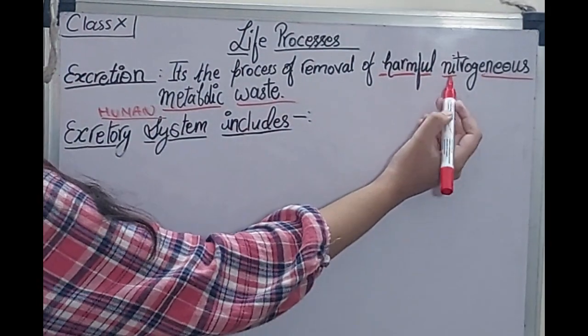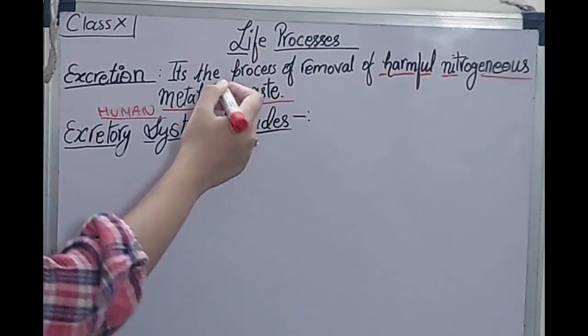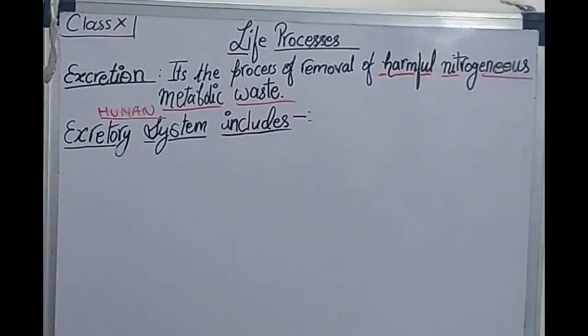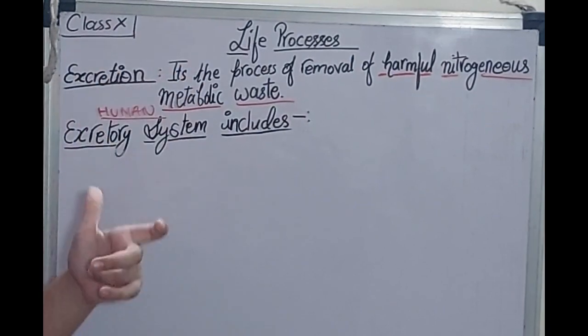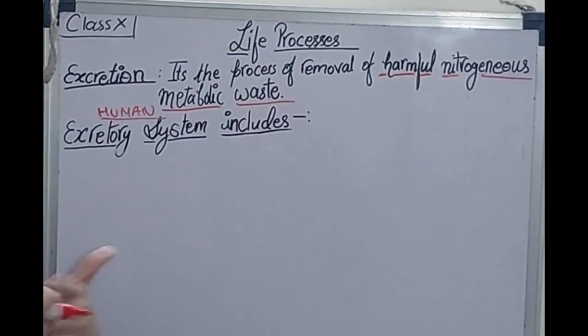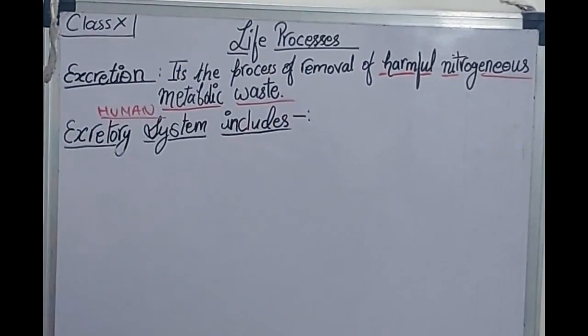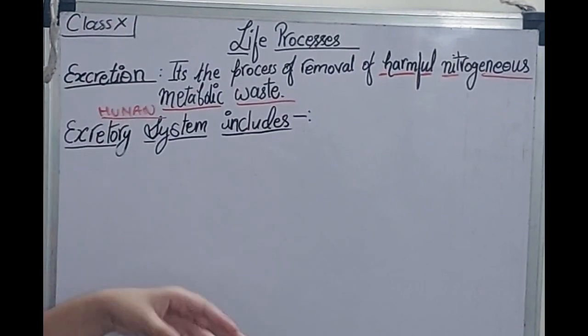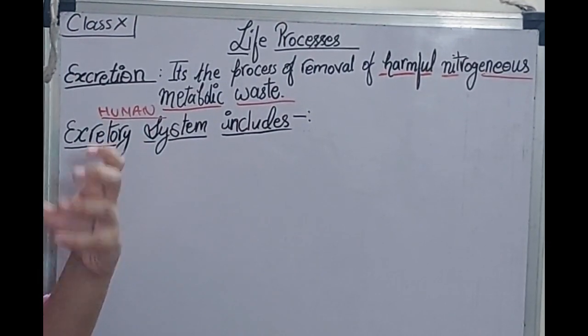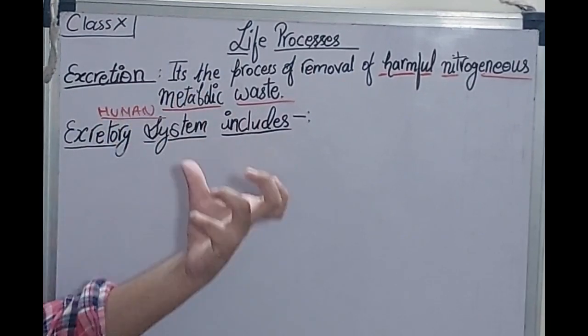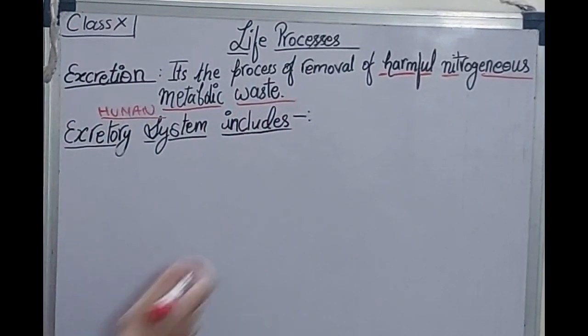Now you will ask why nitrogenous metabolic waste. Obviously it has nitrogen, which is not good for our health. Metabolic means any activity, any reaction going on inside our body, and the waste, the part of it which is not used, turns out to be harmful for us.